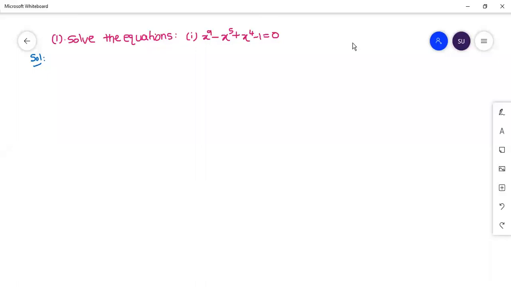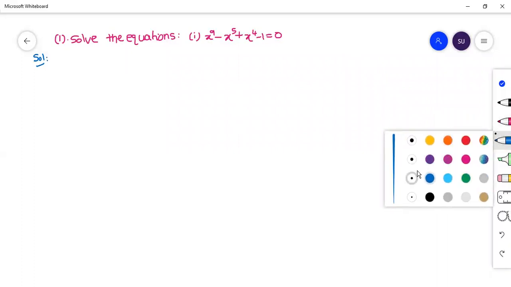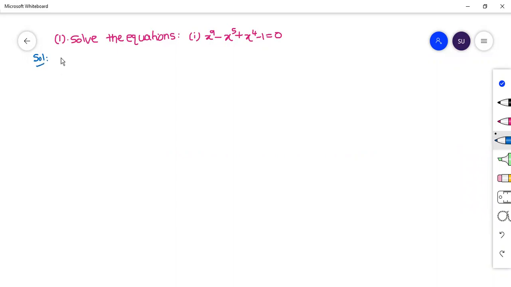Question number 1. Solve the equation x^9 - x^5 + x^4 - 1 = 0. So for that, let us consider the equation x^9 - x^5 + x^4 - 1 = 0.